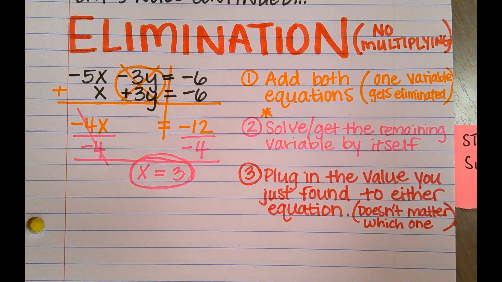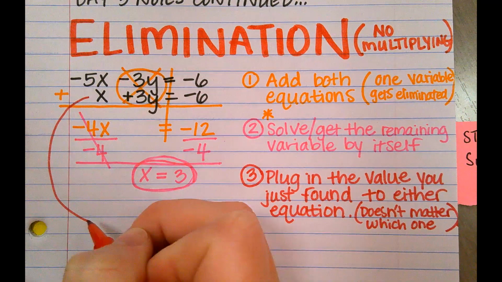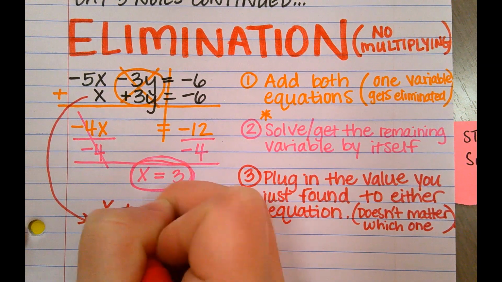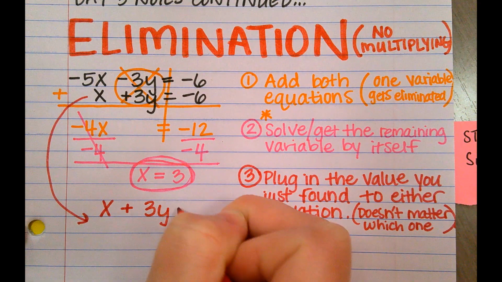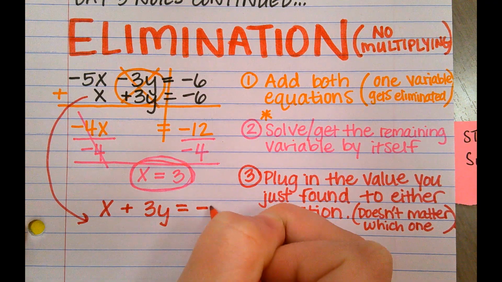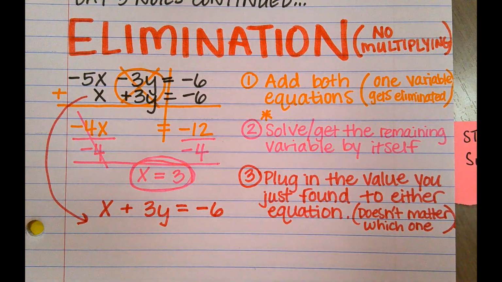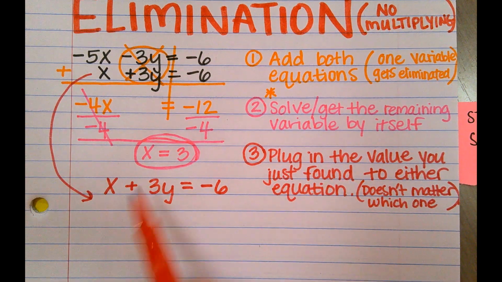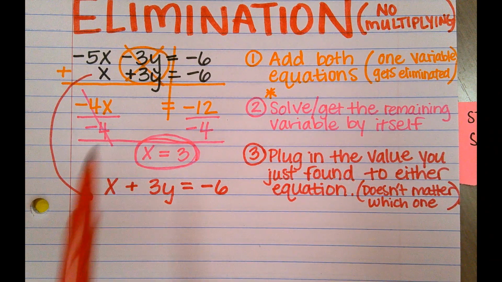So I am going to write that, x plus 3y equals -6, and I just rewrote that equation.